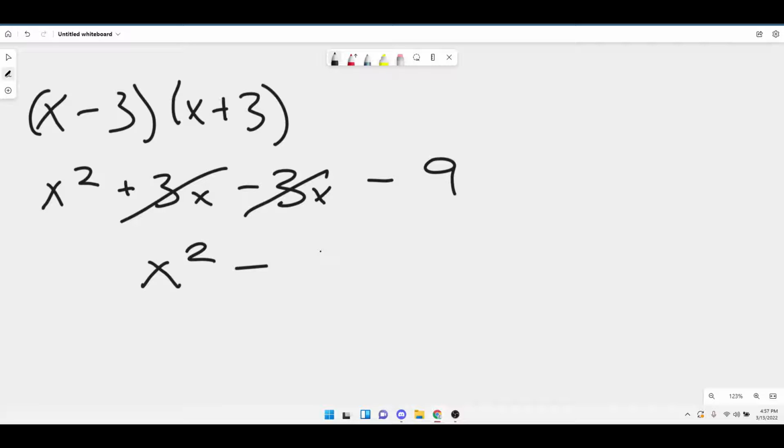Now, what does that look similar to? If you said our first equation, you're right. That looks exactly like the one we did. So what have we learned from this? To get them to cancel out, we have to use the negative and then the positive form. So x minus 3 and x plus 3.